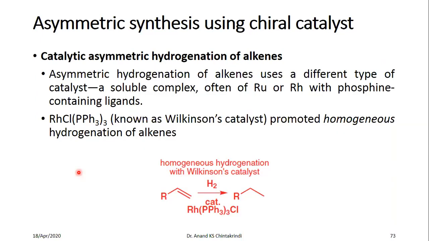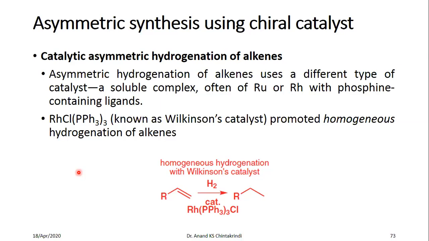Now, the next example in asymmetric synthesis using chiral catalysts is catalytic asymmetric hydrogenation of alkenes. Hydrogenation of alkenes uses a different type of catalyst, which is a soluble complex, often ruthenium or rhodium with phosphine-containing ligands.